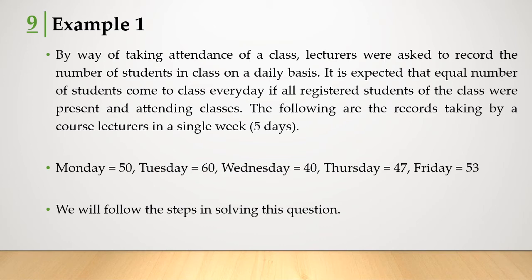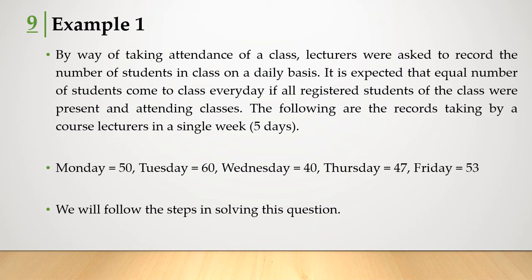Let's take an example of the sort. Lecturers were asked to record the number of students in class on a daily basis for attendance. It is expected that an equal number of students come to class every day if all registered students of the class were present and attending classes.